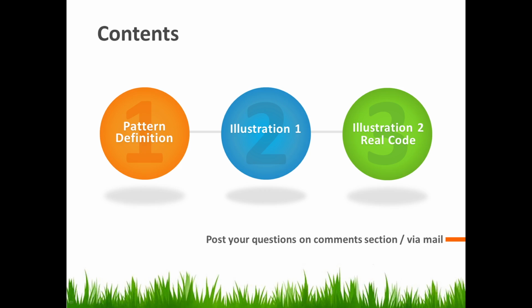In the content of the presentation, I will first define what the pattern is. Then I will give you an illustration with diagrams and UML diagrams. And then I will show a second illustration, which is more related to real code.